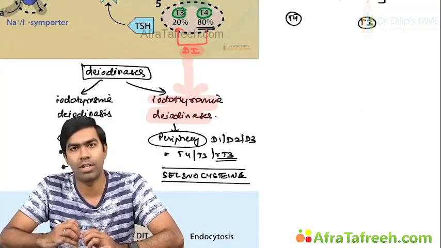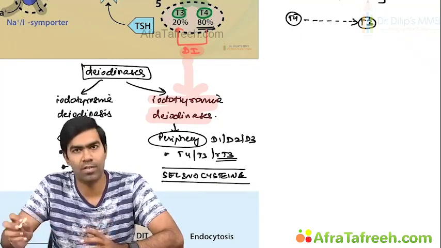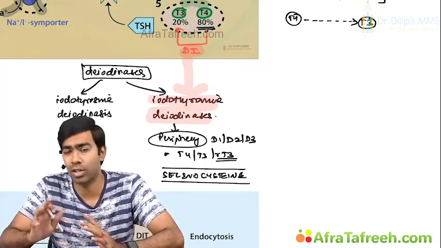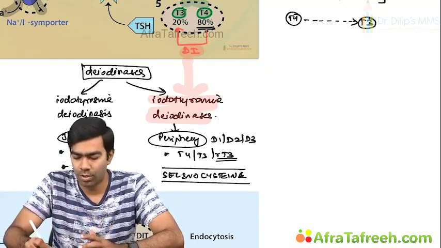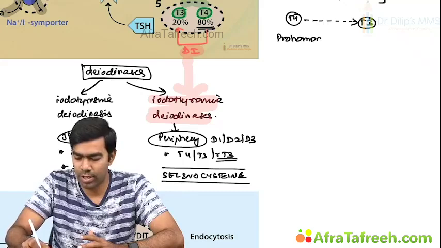So that gives our conclusion on the differences between T4 and T3. Remember, T4 in the periphery will be converted to T3. Inside the target cell, T3 is the active hormone, not T4. So I can consider T4 a prohormone, whereas T3 is the active hormone.